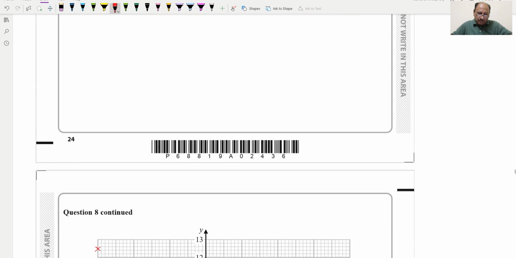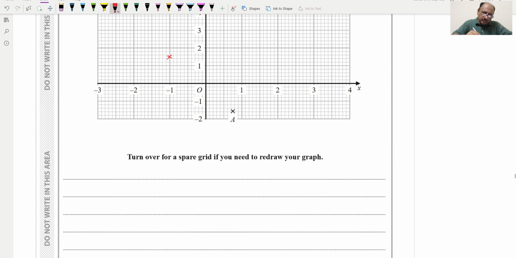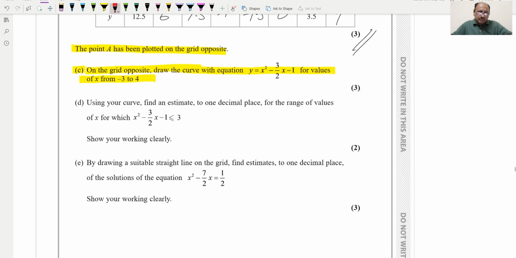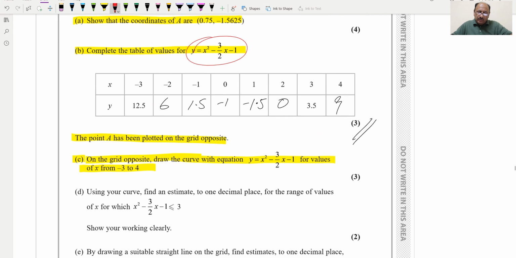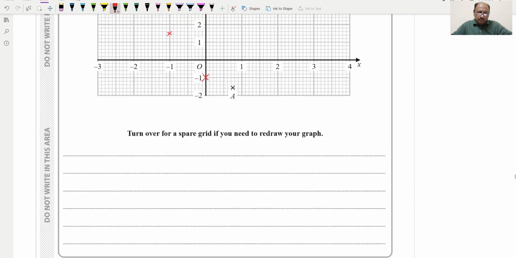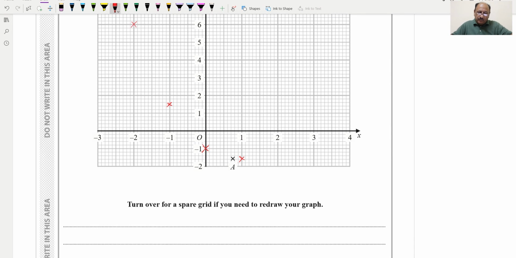Now 0 and minus 1, so 0 and minus 1 will be this point, and the next point is 1 and minus 1.5. 1 and minus 1.5 is this one. We have plotted that also.